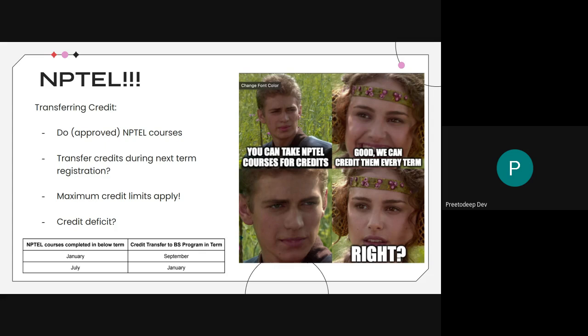That is it. How you think of it internally is a different thing. Just keep in mind that you can transfer up to 8 credits max. So don't confuse the NPTEL credit transfer with some credit deficit.